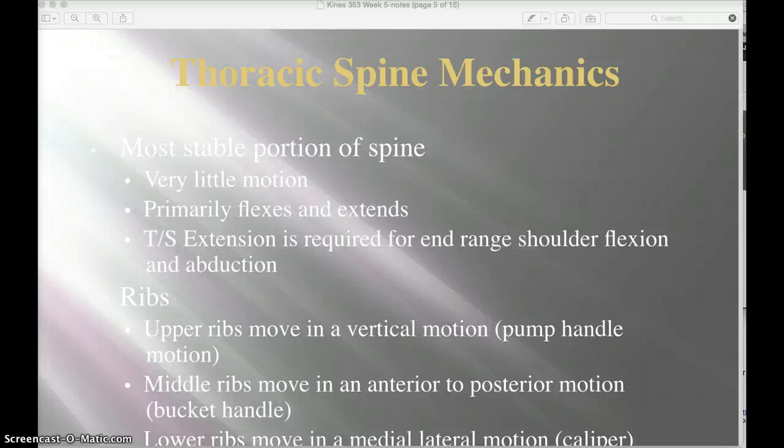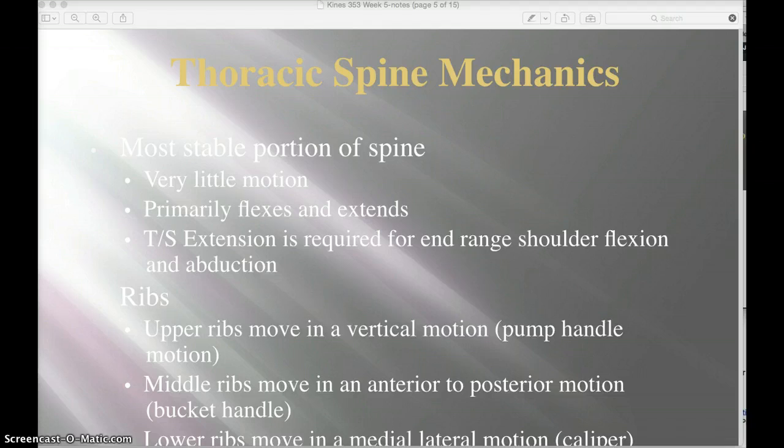Primarily flexes and extends, but there is a slight amount of rotation. And anytime two vertebrae or multiple levels of the thoracic spine are stuck, or the muscles around them are very spasmed, limiting range of motion, most likely, if it's the upper portions of the thoracic spine, it's also going to affect cervical motion.